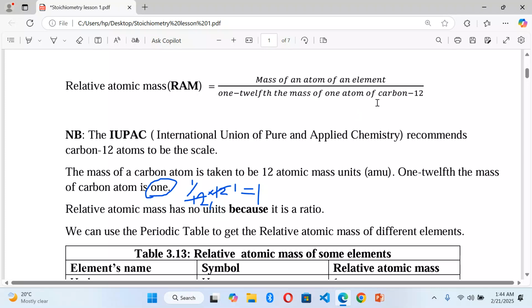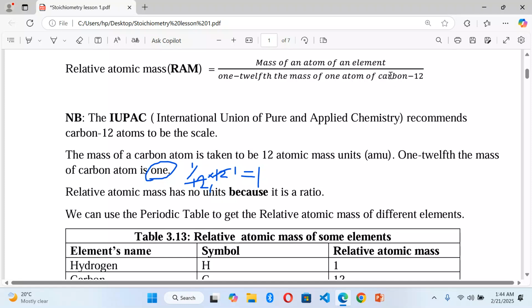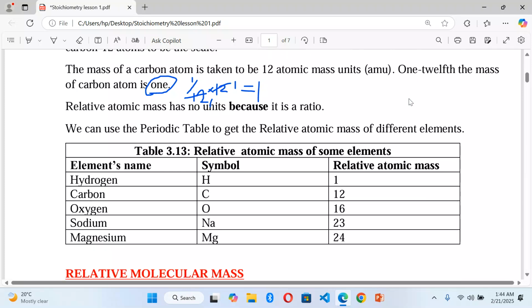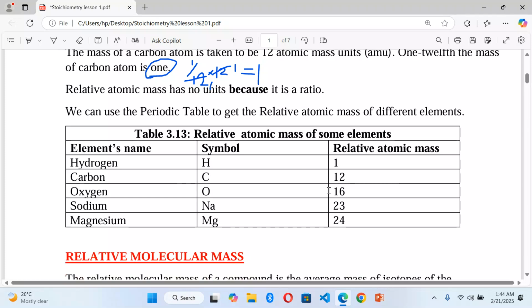So when compared to carbon-12, it is mass over mass, and therefore the units cancel out and we don't have any unit for the relative atomic mass. So that is how we can calculate the relative atomic mass of any given element.